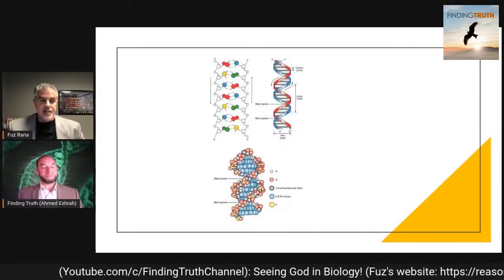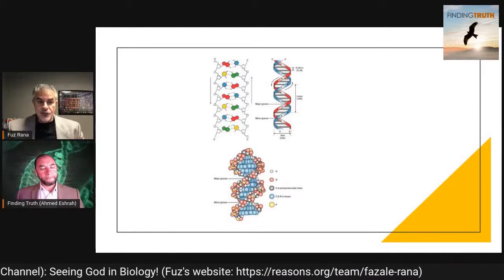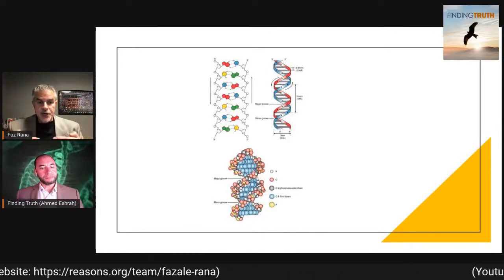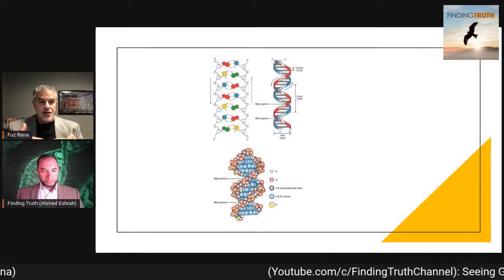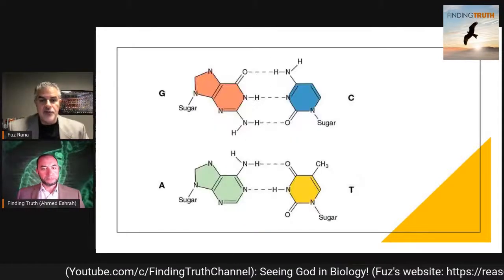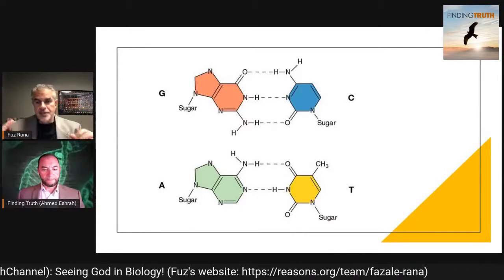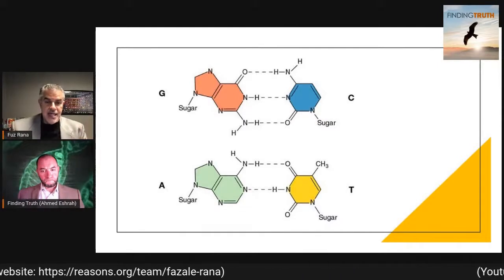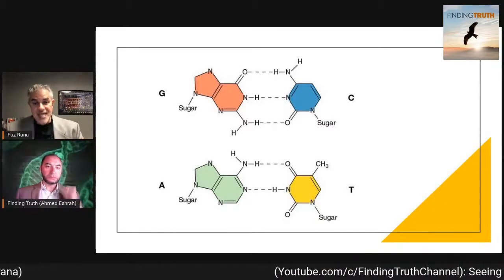That's exactly correct. And this again is a very important feature that allows for DNA replication to take place, because as it turns out, there's a set of rules that dictate how the side groups of the DNA strands interact with each other. This is called the Watson-Crick base pairing rules, where the G, or the guanine, on one strand always pairs with a C, or a cytosine, on the other, and an adenine, or an A, on one strand always pairs with thymine, or T, on the other strand.